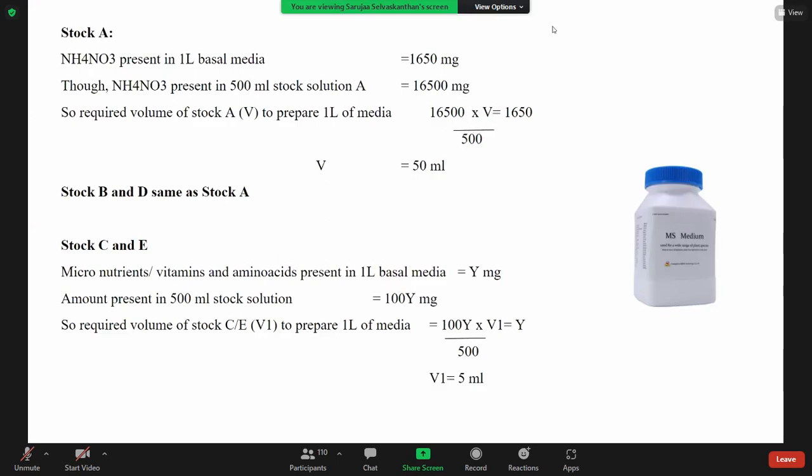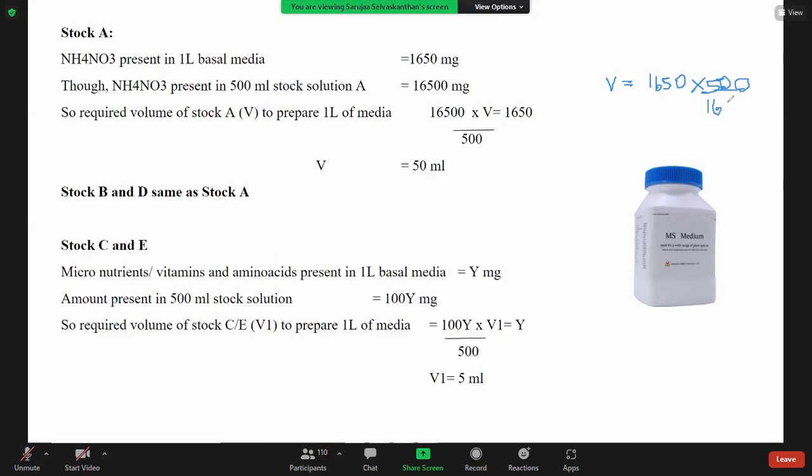I don't know whether you can follow, it's really hard to understand these things using this PowerPoint, right? Here V equal to 1,650 into 500 divided by 16,500.